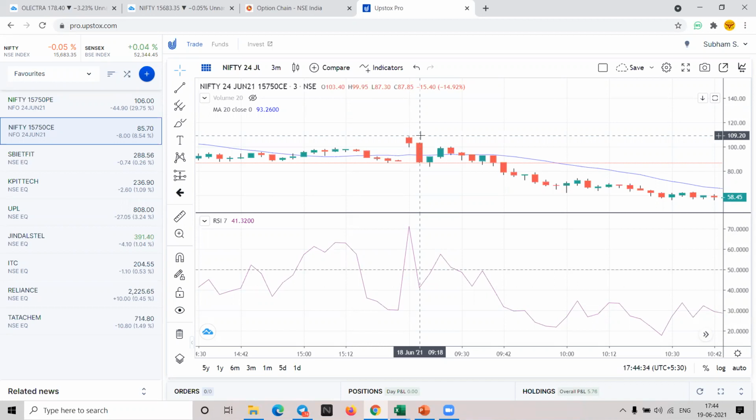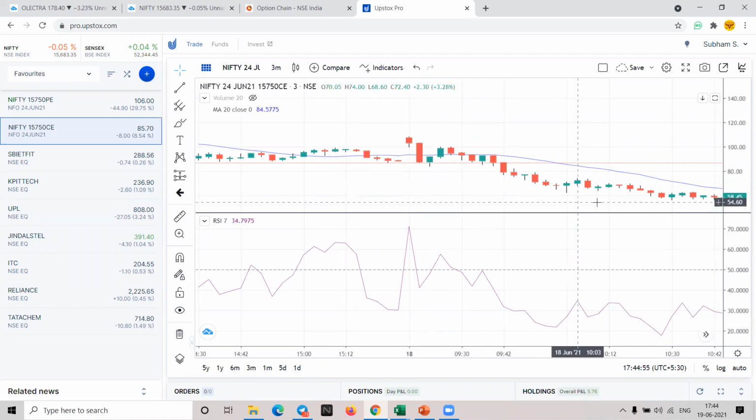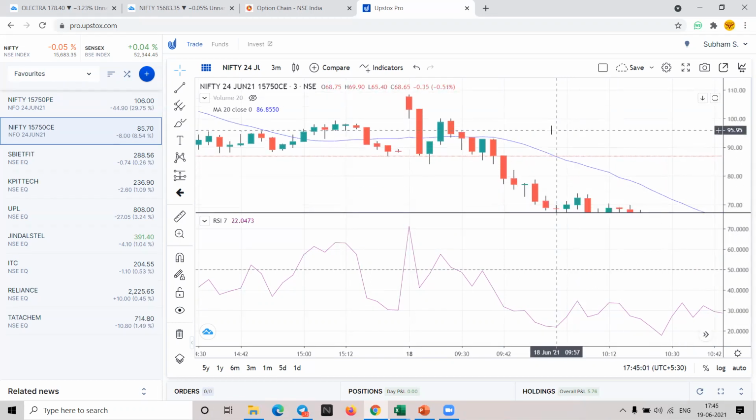When you find a block candle, whatever is the size, that is your target. If you find a block candle of 12 points, 12 points is your target, and here it would have eventually given it because I see it has gone down. So this is a simple scalping strategy.